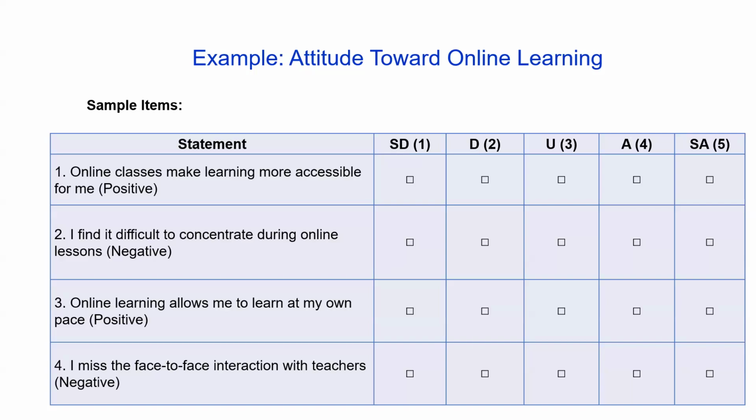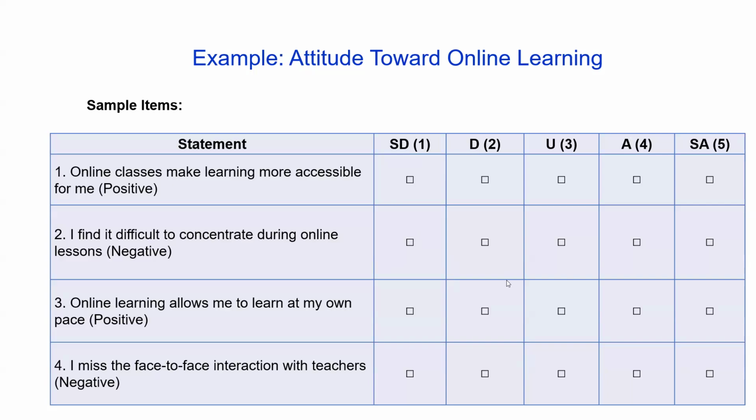that means they have a positive feeling. That means it is not difficult to concentrate; it is easy. So if a student marks strongly disagree here, you have to give 5 marks.